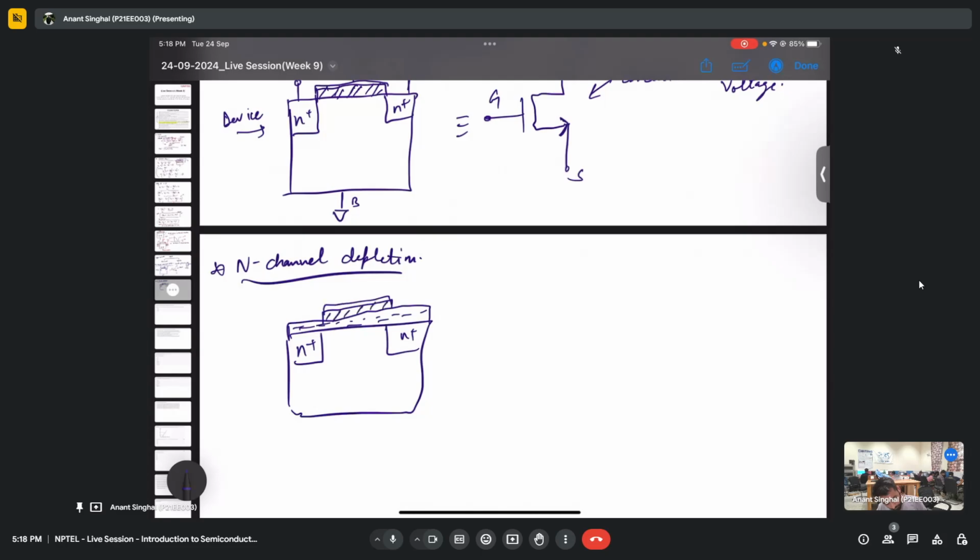This is the gate, this is again the source, this is the drain, and this is the body, which is grounded. So in the depletion MOSFET, we have the formation of a channel even without application of gate voltage.